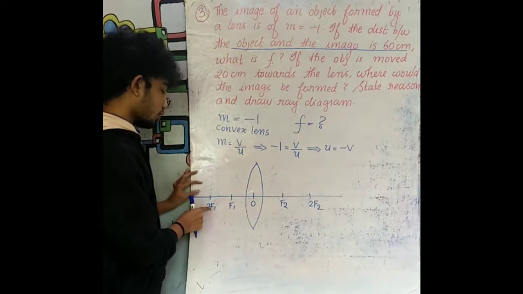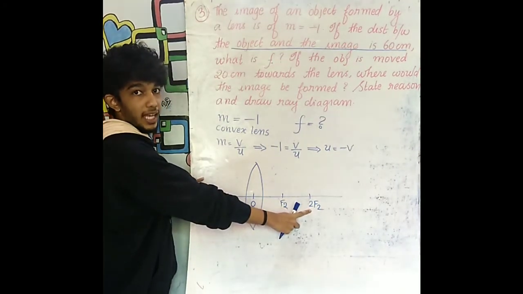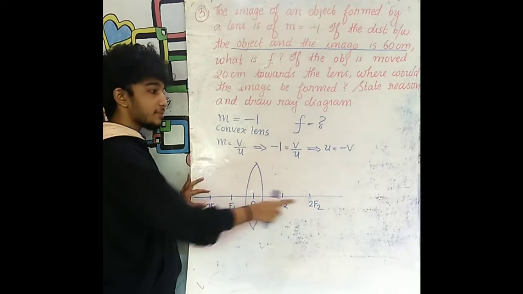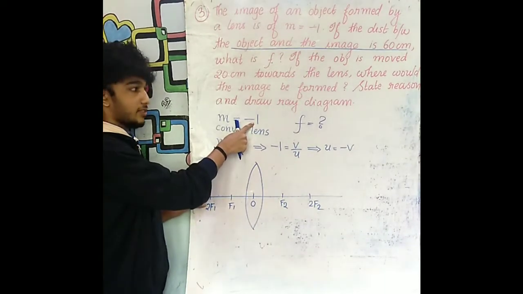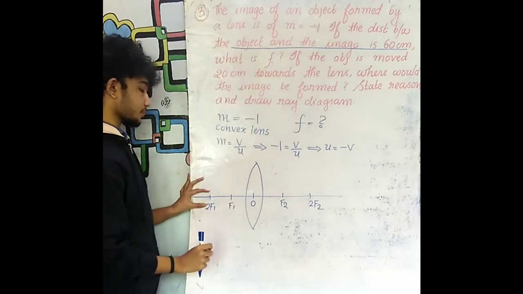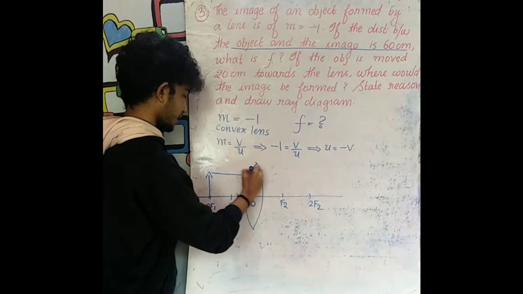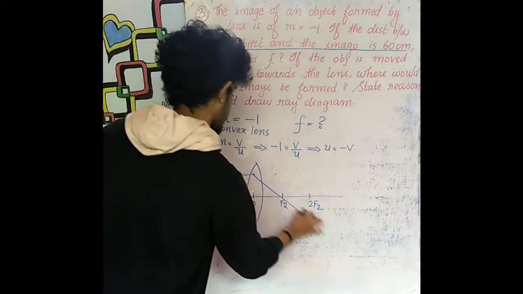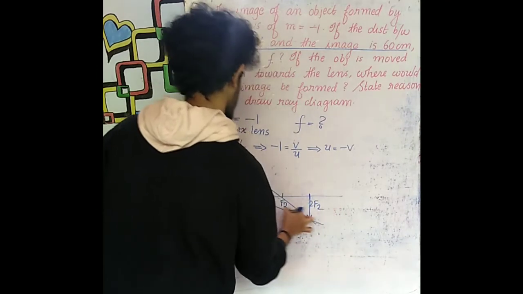We know that when the object is placed at 2F1, we are getting the image at 2F2 and the image will be of the same size as the object. This is implied by m is equal to -1. Minus shows the real inverted nature of the image. So here at 2F1, if you are placing the object, we can locate the image formation at 2F2.